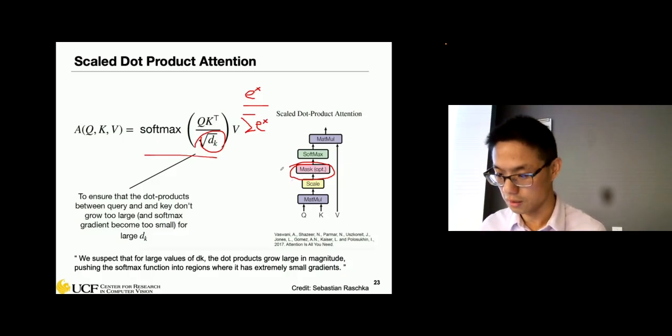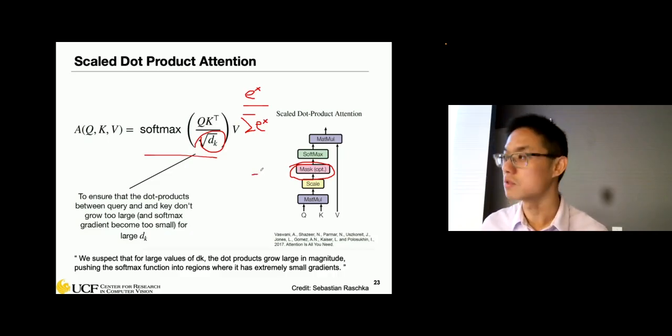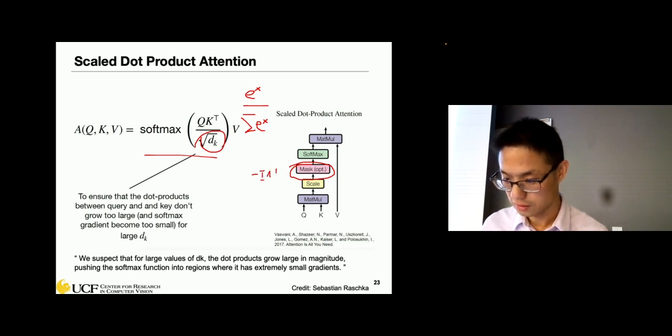You can use masking. If this is a padding, then you can assign, I think if you're using a softmax, negative infinity.